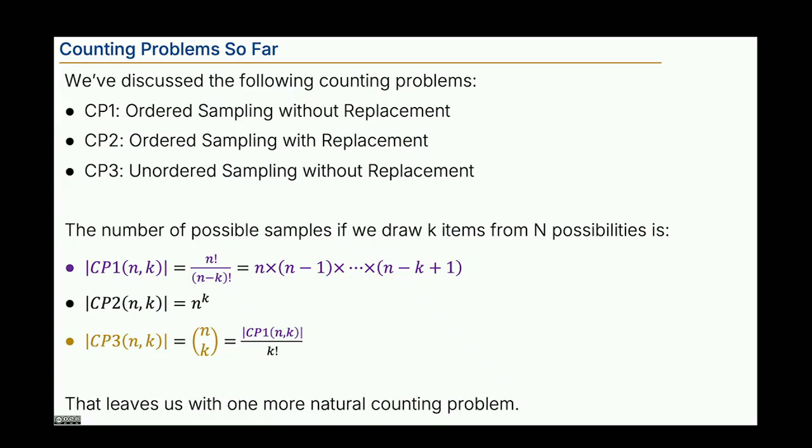Then I have counting problem 3, where we first count the number of outcomes, imagining temporarily that we care about order, and then we lump things together by bin, which in this case is k factorial. So that leaves us with one more natural counting problem, which is, what do you think? If you had to name it, what would you name it? Unordered sampling with replacement. There you go.